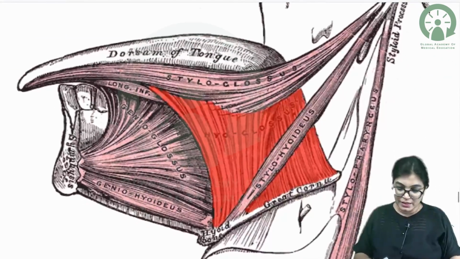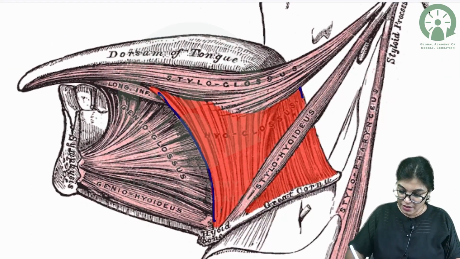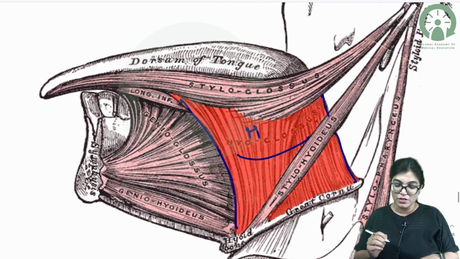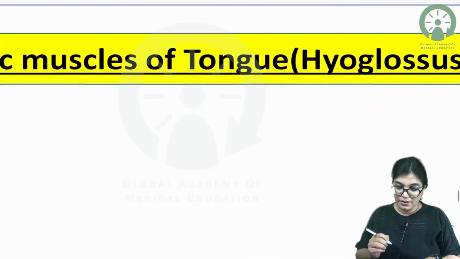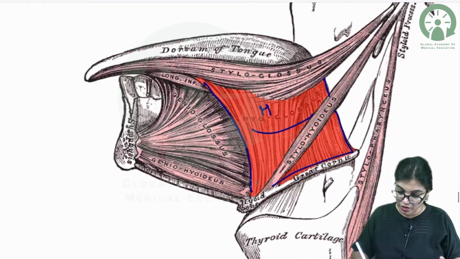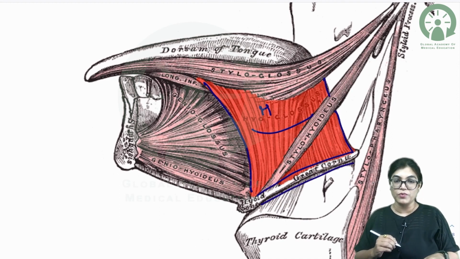The next muscle, the quadrilateral one which you are seeing, is the hyoglossus muscle. This is H for hyoglossus muscle. Please write down the hyoglossus muscle as shown in the diagram. It is attached to the hyoid bone, the greater cornu and body of the hyoid bone.